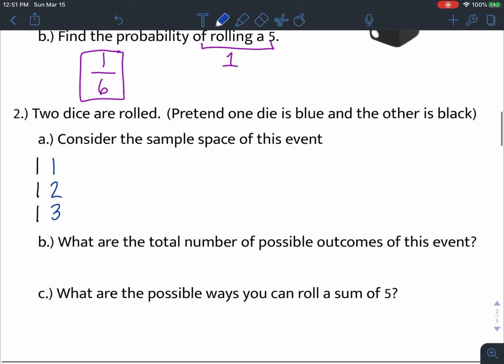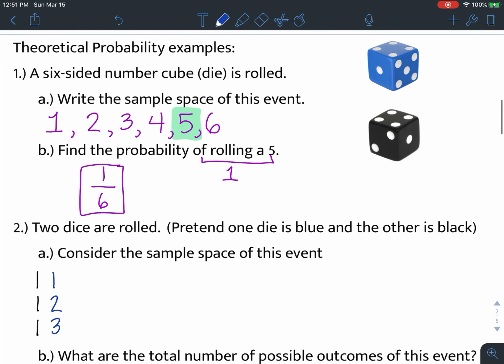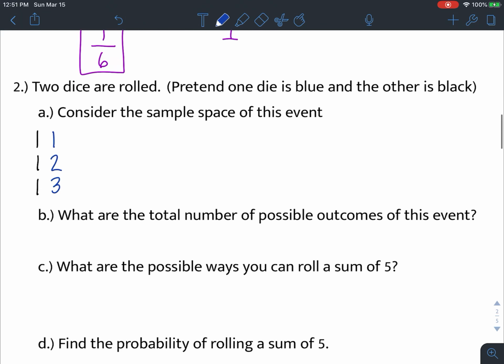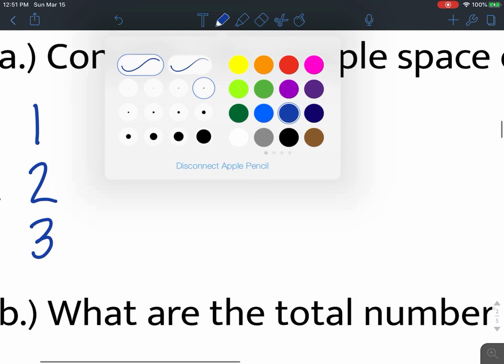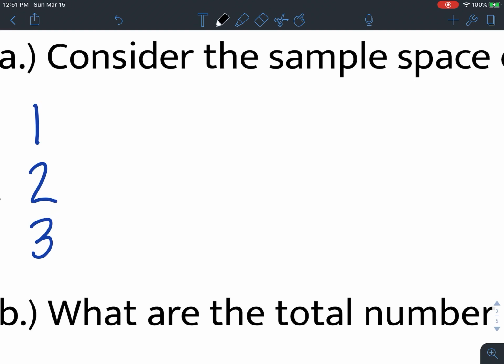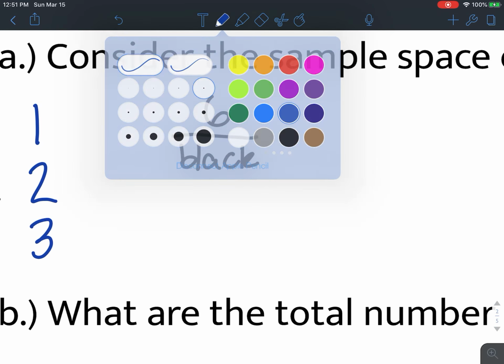So how many different numbers could be rolled on the black die? Well, that would be 6. And how many different numbers could be rolled on the blue die? Well, that's 6. This is really the fundamental counting principle. How many different ways can you roll a number on the black die? 6.